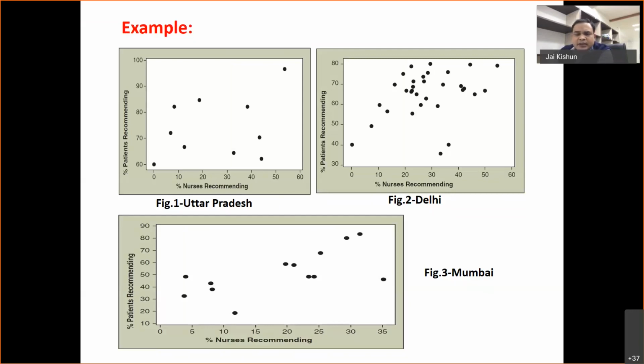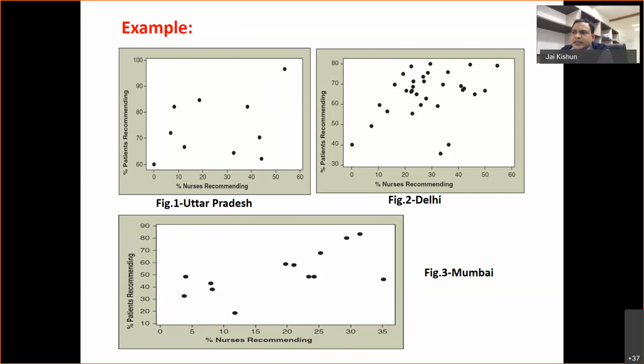The patients have given some score whether they recommend the government hospital for treatment or not, and similarly the nurses have given their scores.